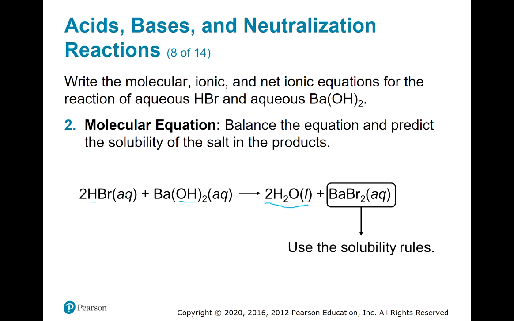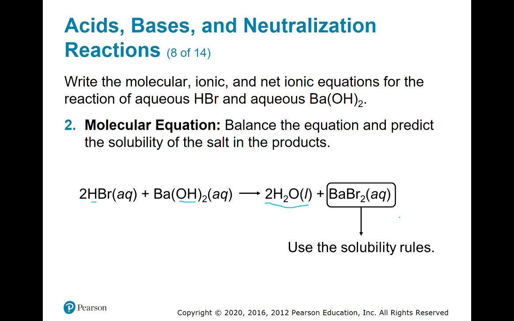Now in terms of states, the acid and the base will both be aqueous. Water is a liquid, because of course it is, and for the salt, we need to use the solubility rules. Now, usually it's the case that the salt that's formed is going to be aqueous, but that's not a hard and fast rule. So barium bromide contains bromide ions.